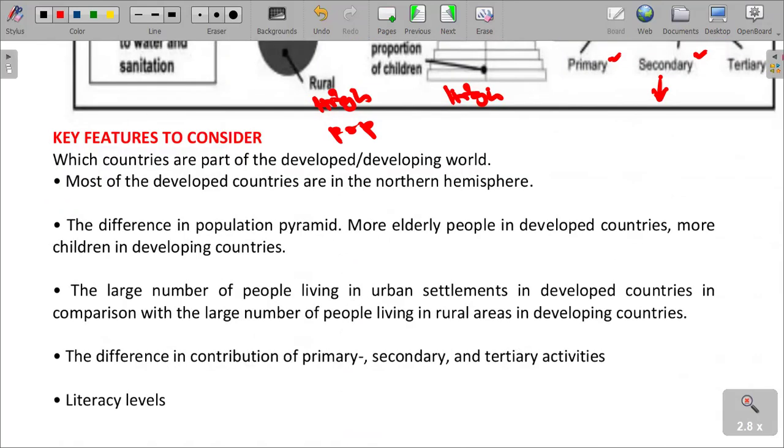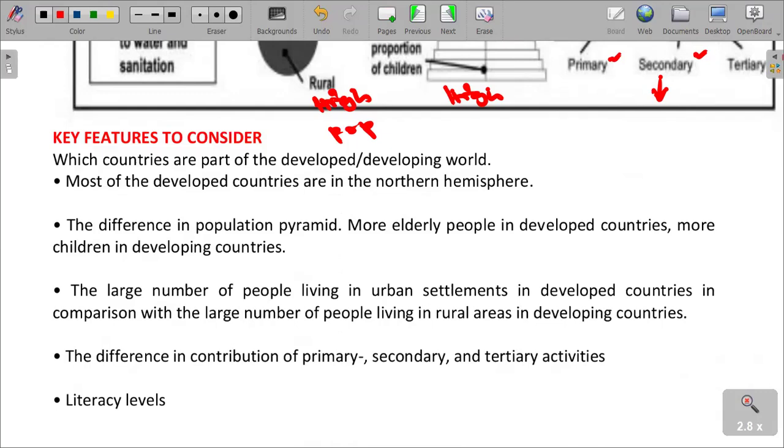So, as we are looking at this, don't forget that there are key features to consider here. Which countries are part of the North and the South? Most of the developed countries are in the Northern Hemisphere. We talk about the United States of America, Spain, China, Germany, and all those are good examples.